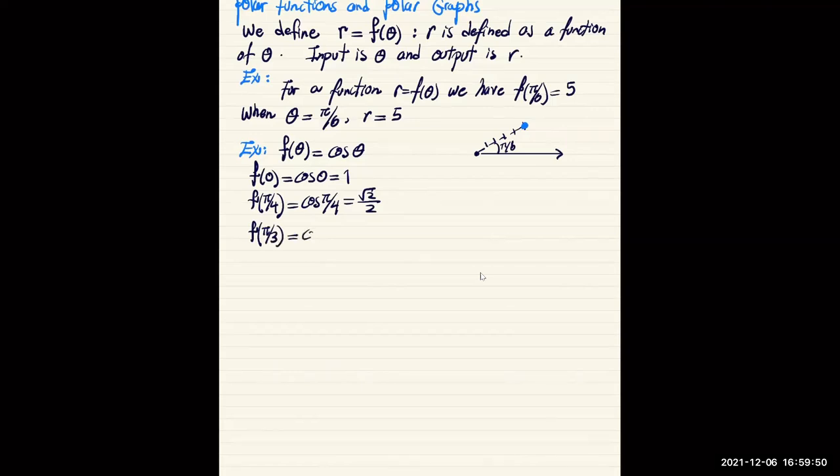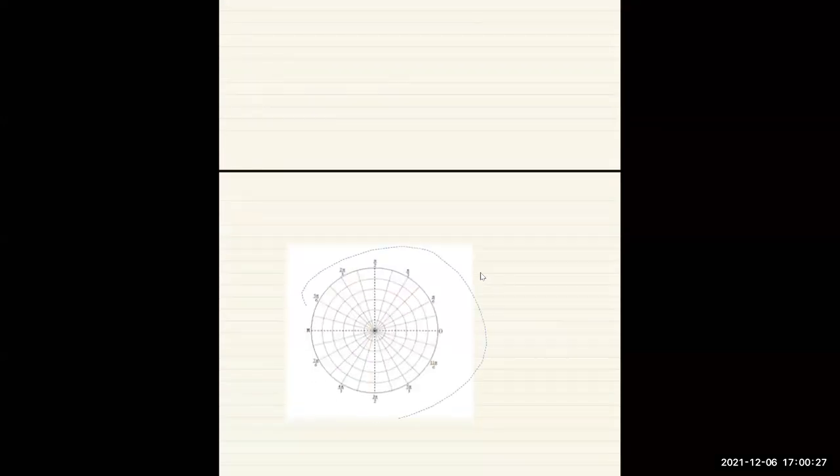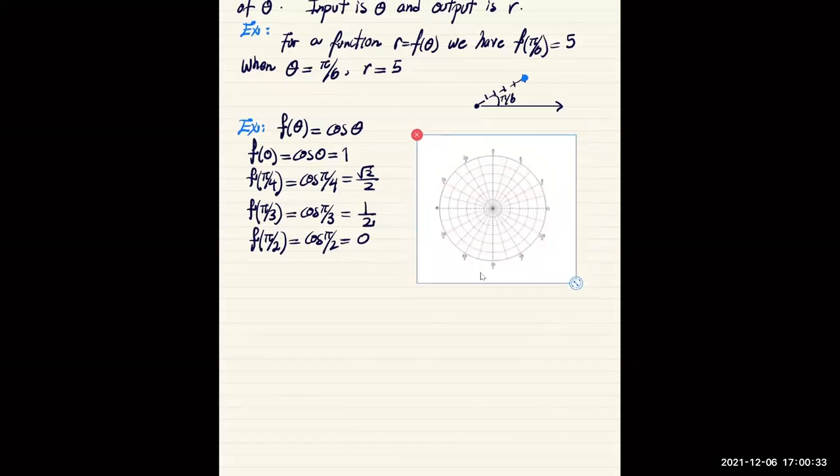F of pi over 3 is cosine of pi over 3, and that gives us 1/2. And let's just take f of pi over 2. Plug pi over 2 into the function, you get cosine of pi over 2, which is equal to 0. And actually, guys, let's utilize the polar grid here for this example and I'll show you how to use it.